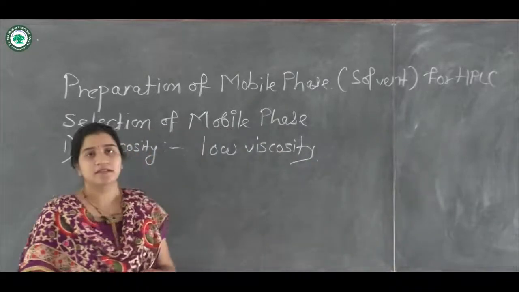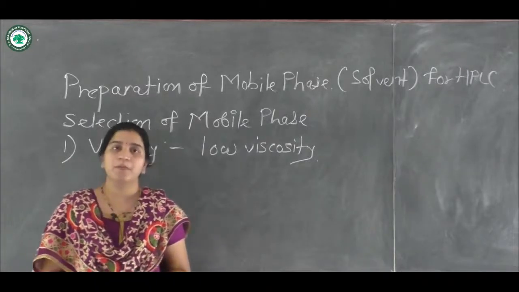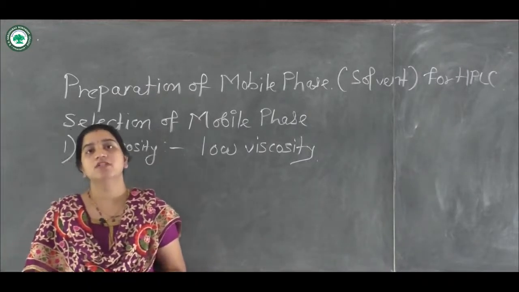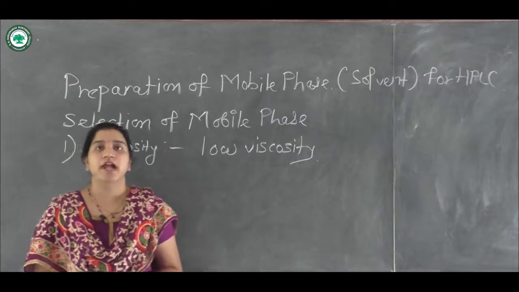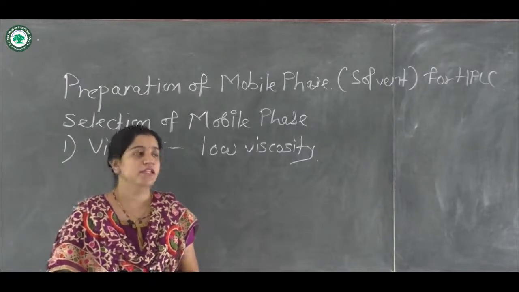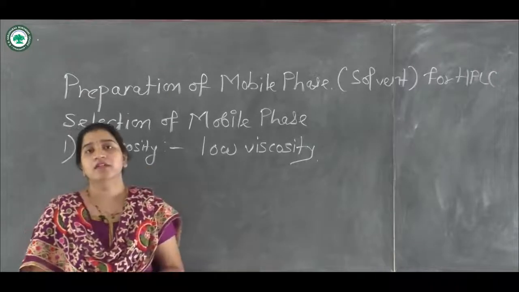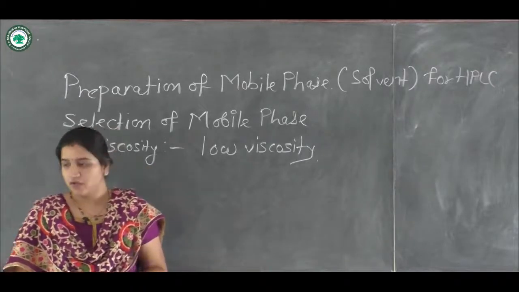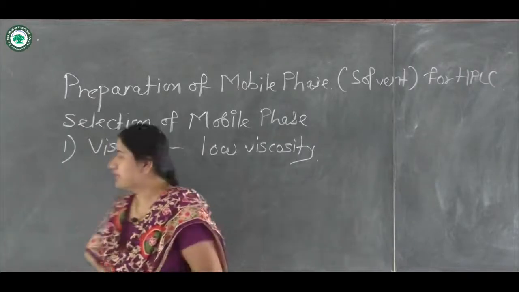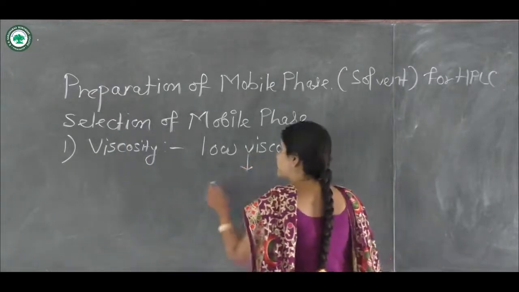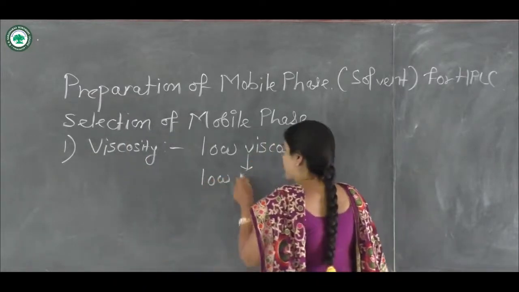Whenever you compare two solvents, one with high viscosity and one with low viscosity, the main reason is that a solvent of low viscosity will produce a low pressure drop.